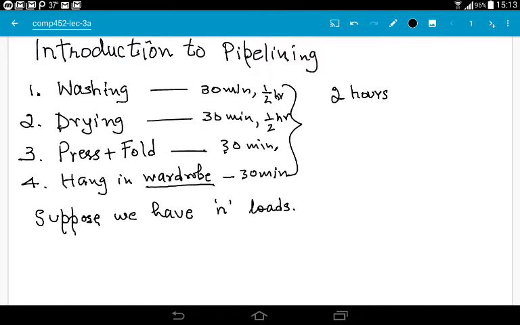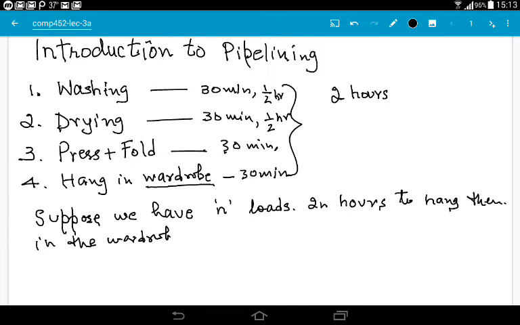So it will take us 2n hours to wash them, to hang them in the wardrobe.